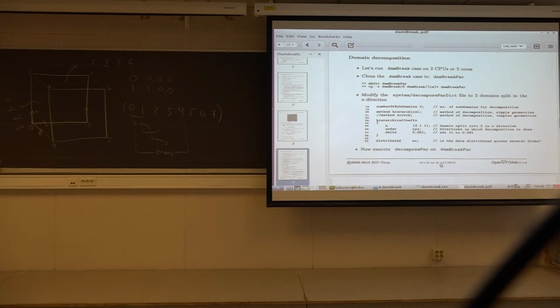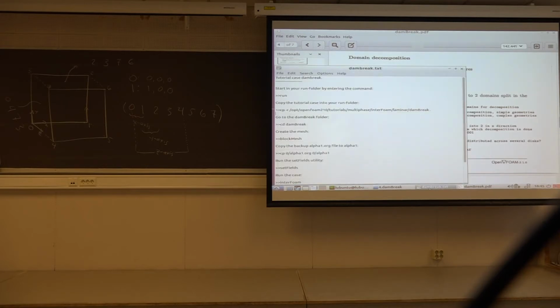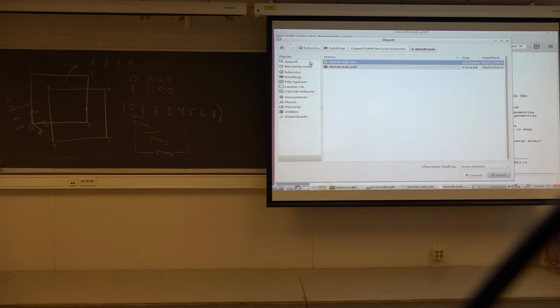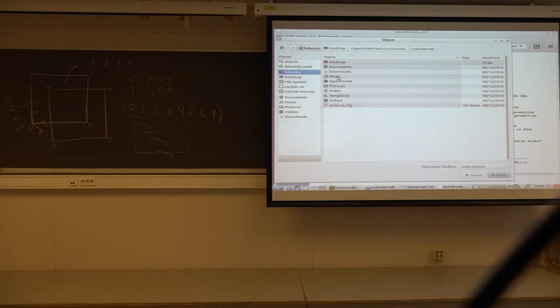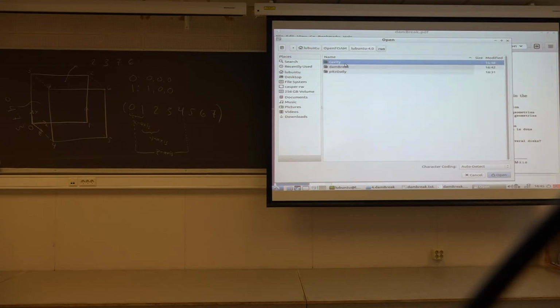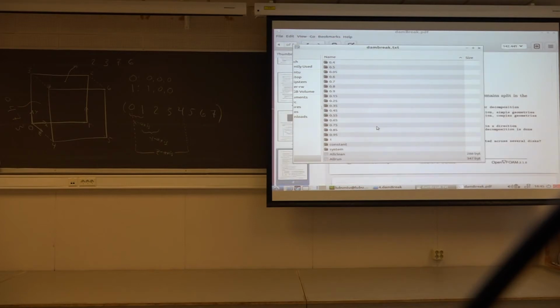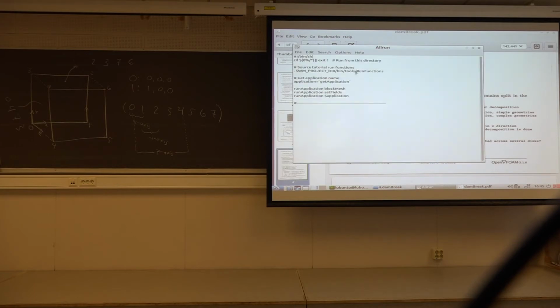So let's see if we can find it. I have a text file here, so if we now just open, let's see if we can find it. User, OpenFOAM, run, dam break, and then inside the system folder. That was wrong.